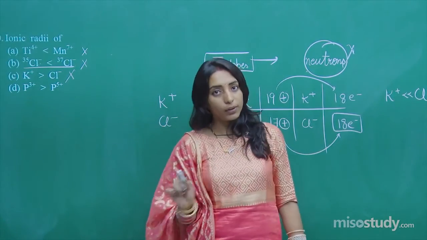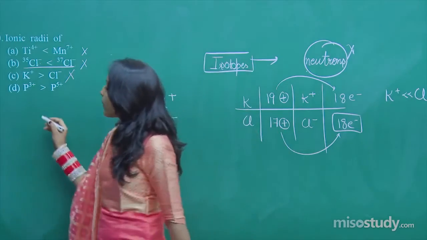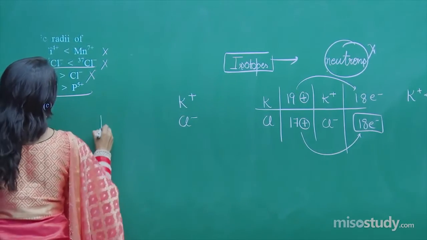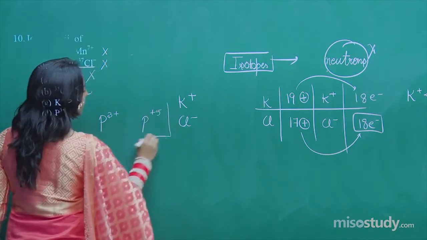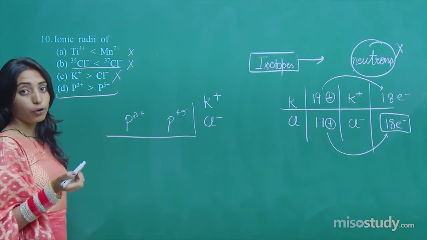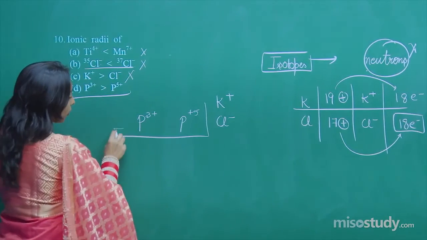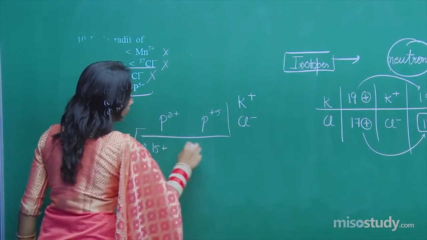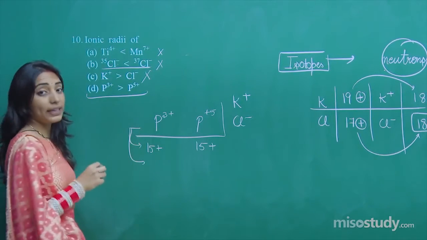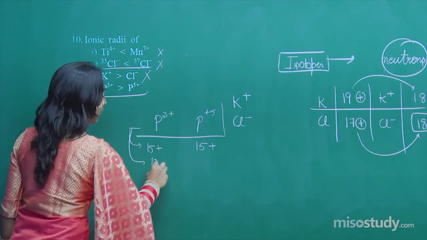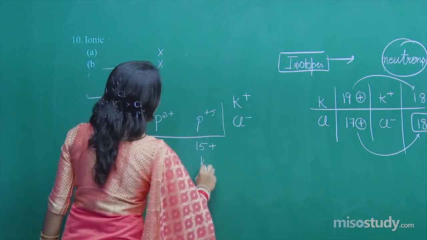Okay? But now if I compare the fourth option, which is phosphorus 3 plus and phosphorus plus 5. This is a pretty simple option and a good one. So see, phosphorus is having 15 protons, the number of protons is same. When I am talking about P3 plus, overall 12 electrons, P plus 5, 10 electrons.